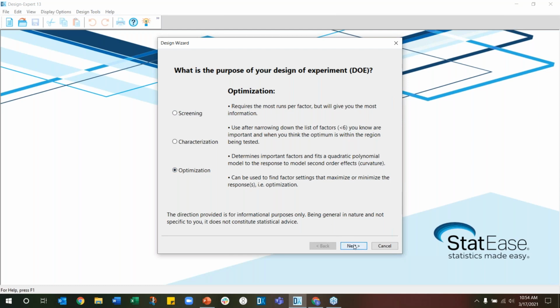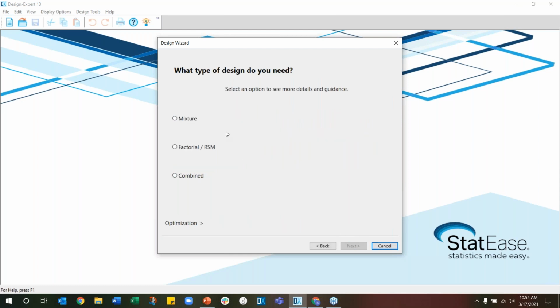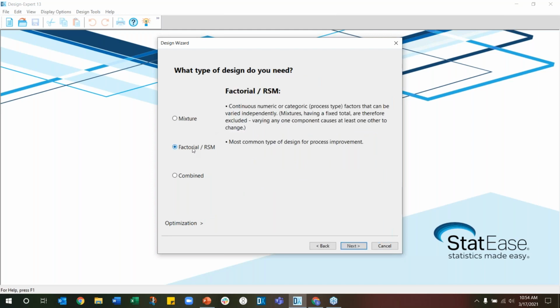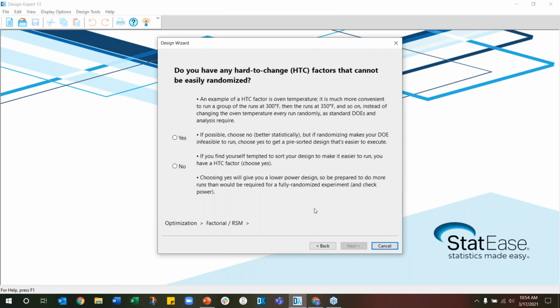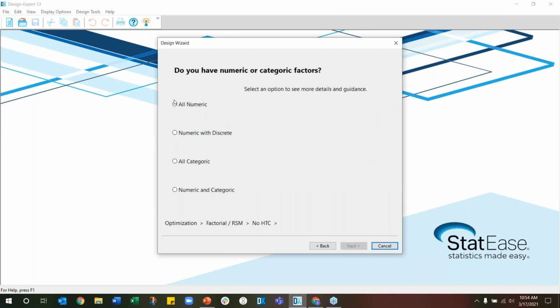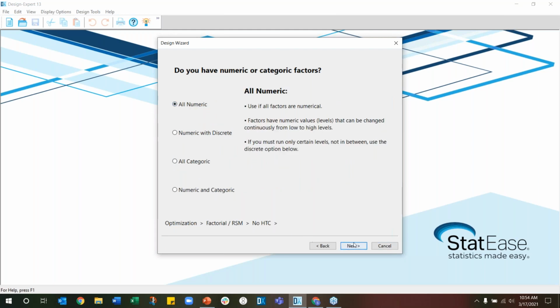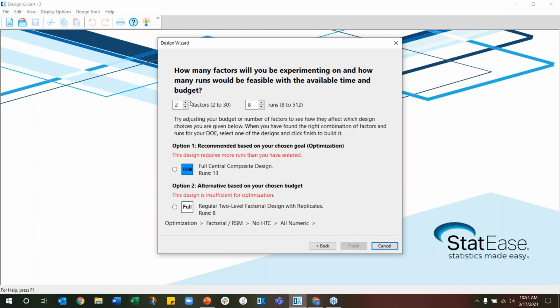So maybe if I want optimization, then it asks, what type of design do you need? If I want continuous factors, I would choose this one. Do you have any hard to change factors? I'm going to say no. What type of factors do you have? I'm going to say all numeric factors. Then how many factors do you have? You can play with this.